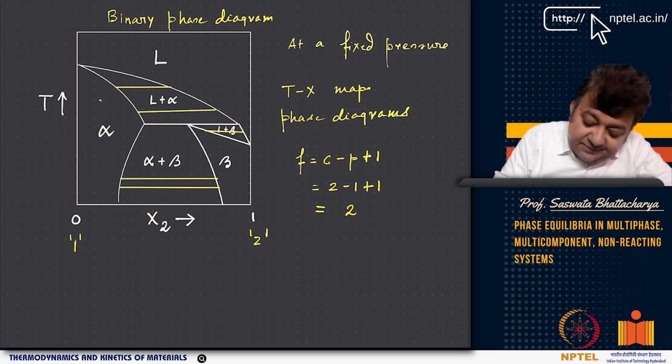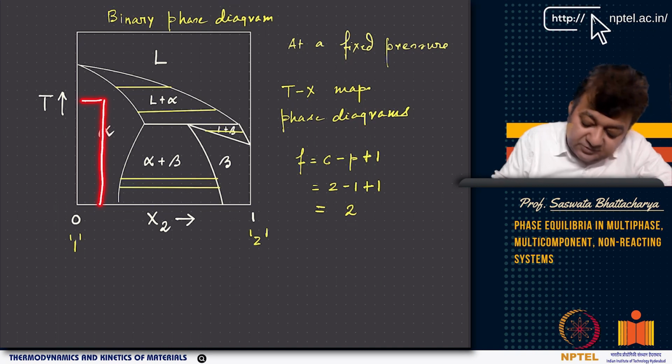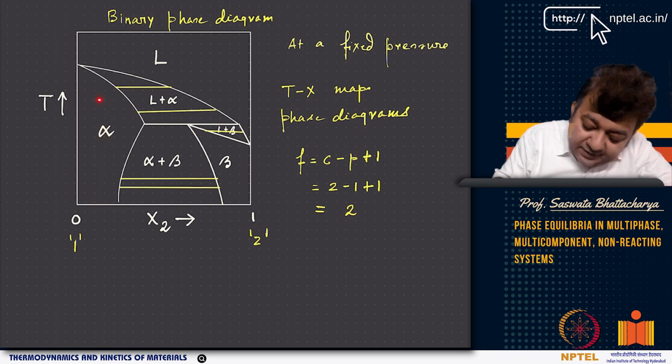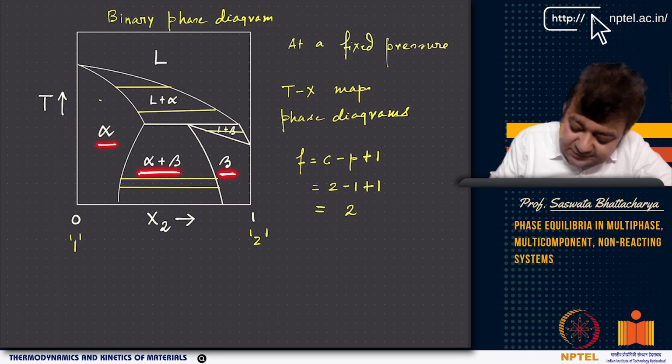Because if I am specifying a point, I am specifying temperature as well as composition. When I fix a point, I read the temperature from the y-axis and the composition from the x-axis. However, I can also have an alpha phase field, here a beta phase field, and here the alpha plus beta coexistence.